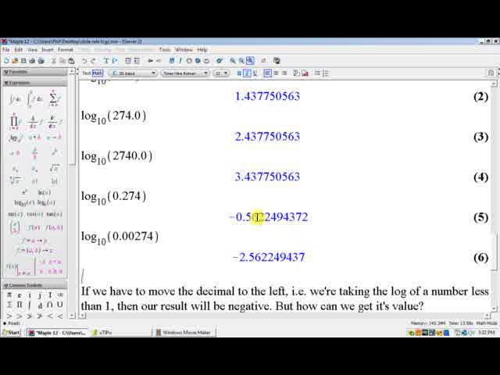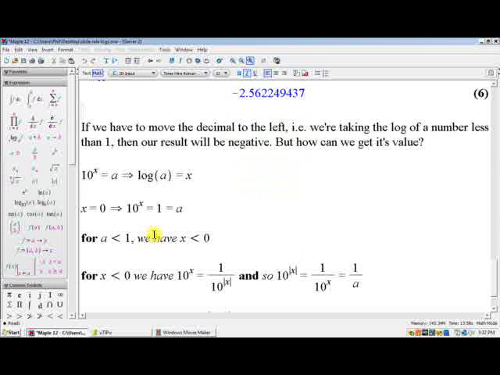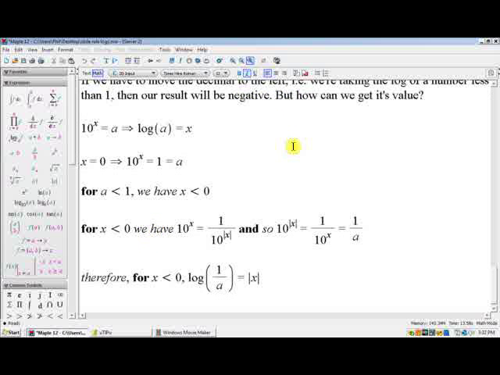Well, the slide rule doesn't have the ability directly to give you these negative mantissas. However, we can do a little trick. And that trick is this. If we know that 10 to the x is equal to a, then that means that the log of a is equal to x. Right? That's the relationship between these two functions.